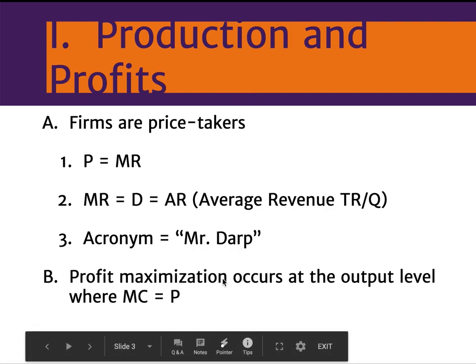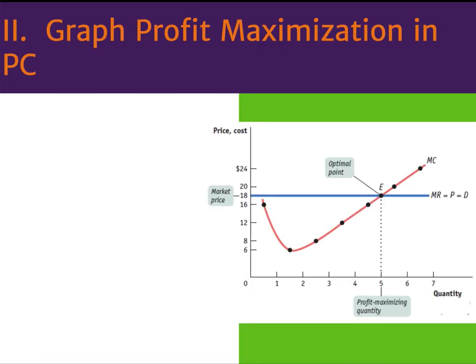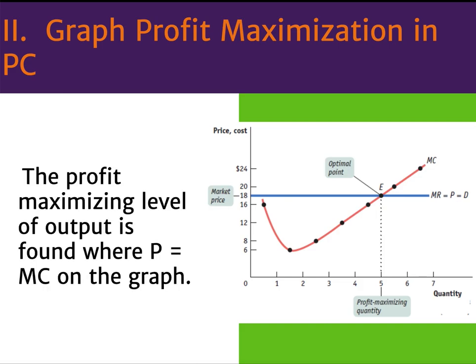So profit maximizing will occur where MC equals MR, which also means it'll occur where MC equals P for price. How do we graph that? Well, it's the same graph that we had before. This line of our marginal revenue comes across, but this line is now my marginal revenue, my price, my average revenue, my demand. So this is my Mr. DARP line, this horizontal line coming across.